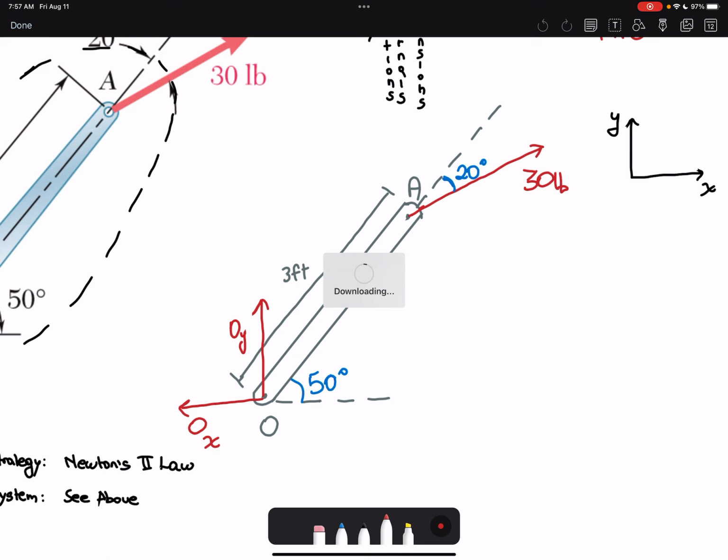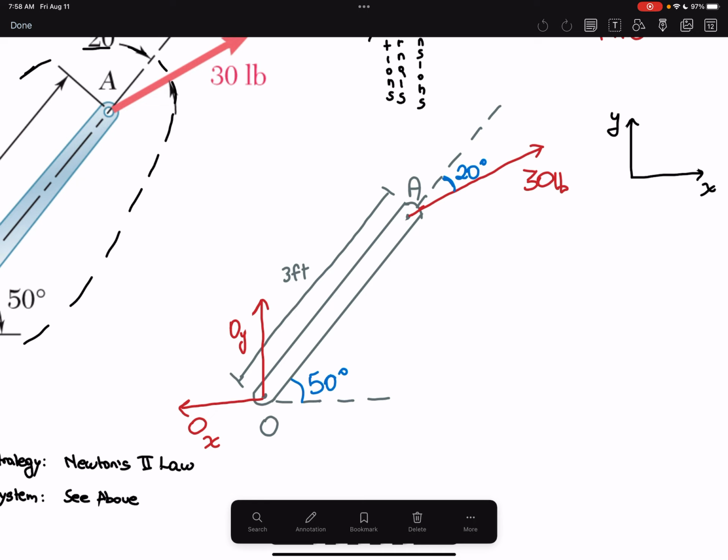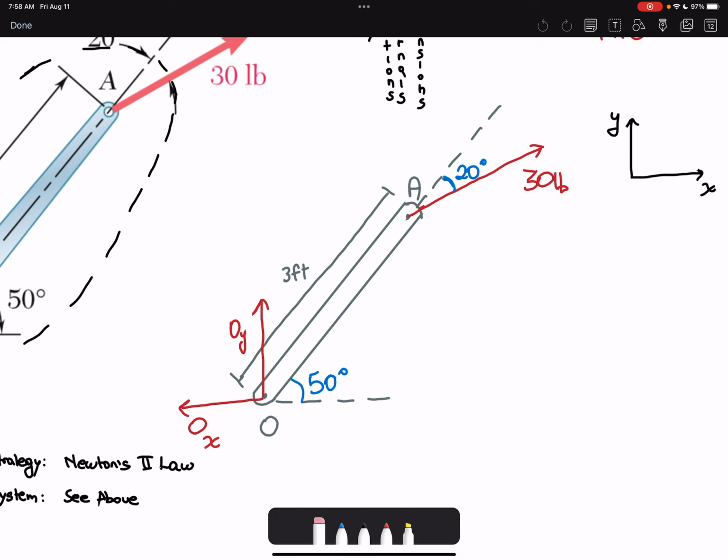I was thinking perhaps I want a different y and x, because if I line my y and x with this beam, look what happens. So if I align my y and x, so say this is my y and this is my x. So this is my x and this is my y. Then I'm going to have to change these.